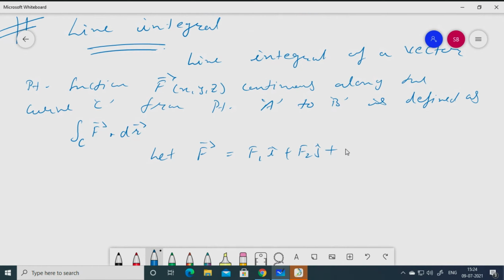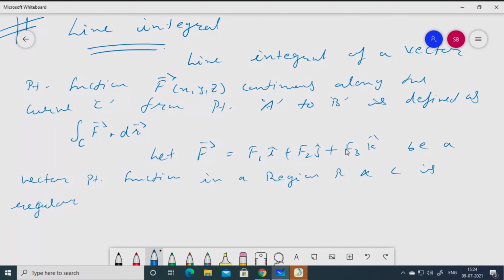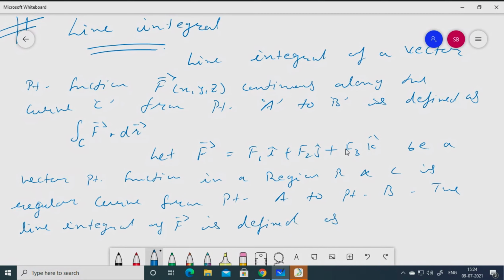Let f bar be a vector point function in a region R, and C is a regular curve, it can be any curve, from point A to point B. Then the line integral of f bar is defined as integral from A to B of f bar dot dr bar.